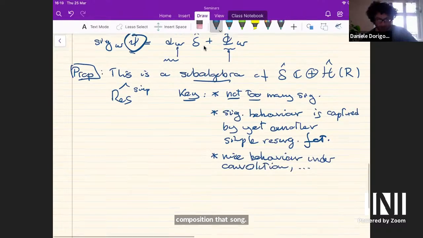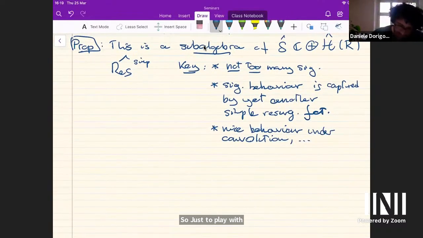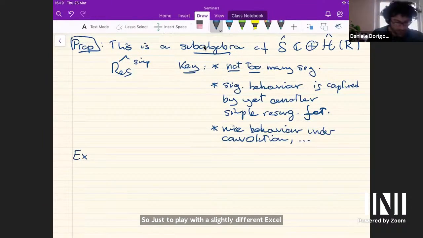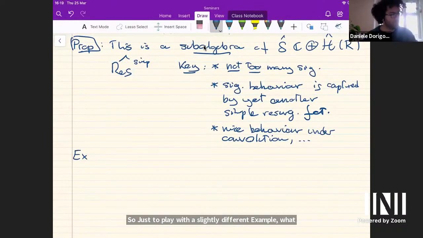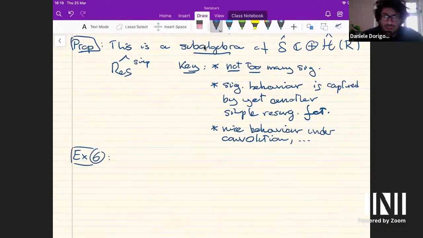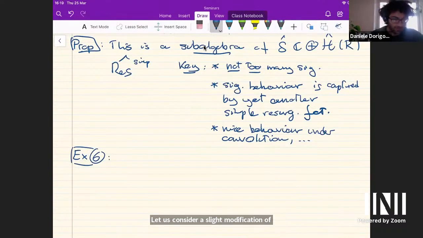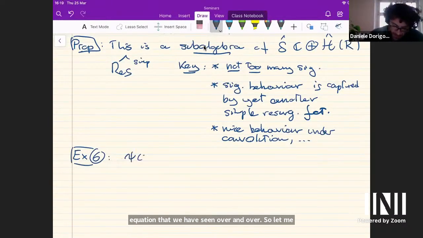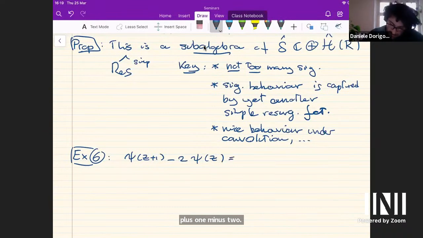So just to play with a slightly different example of what we have seen, let me give you this exercise. Let us consider a slight modification of this Euler equation that we have seen over and over. So let me consider the following finite difference equation. Psi of z plus 1 minus 2 psi of z equal to minus 1 over z.